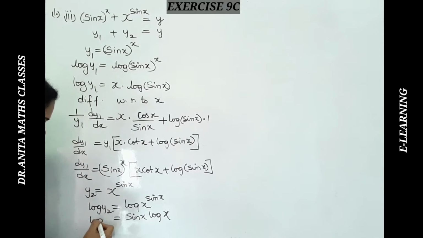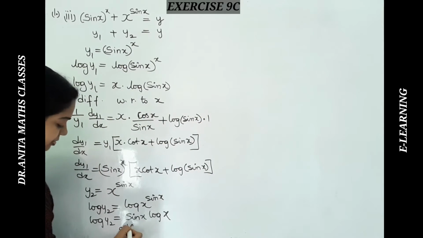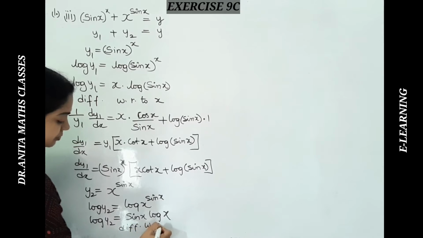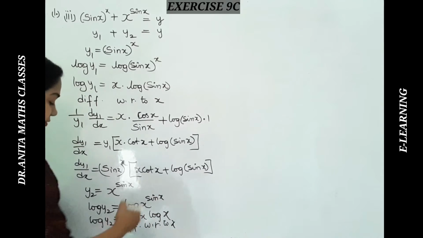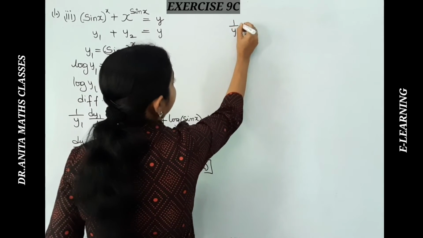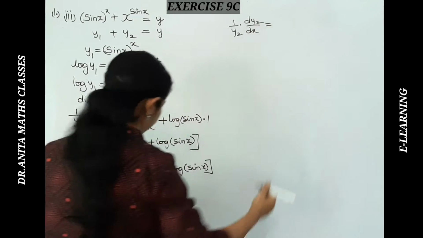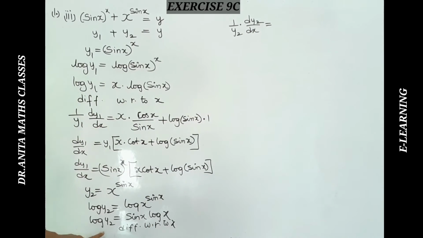So this is log of y2. We will differentiate with respect to x. Differentiating with respect to x, so that is 1 upon y2 dy2 by dx. Chain rule, right? Since the function is not in x. Now here u and v.